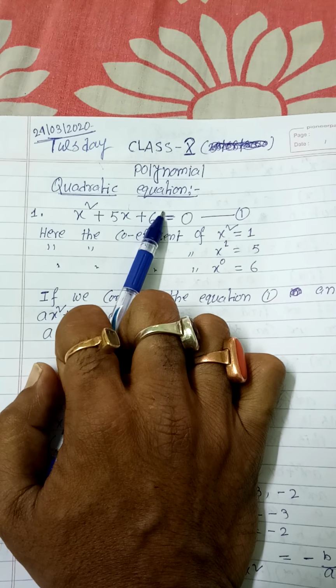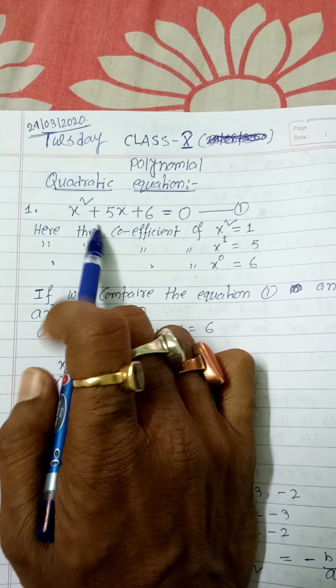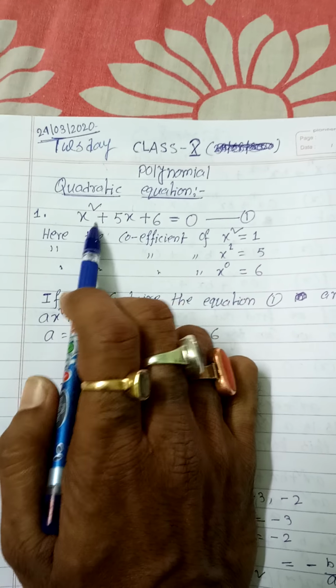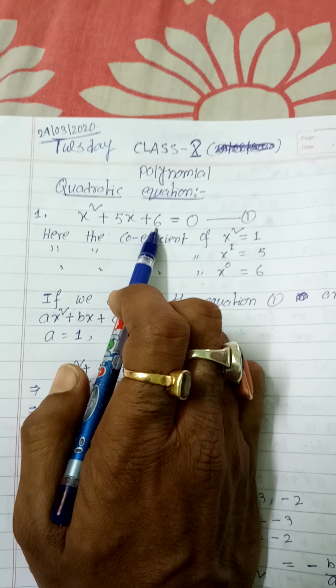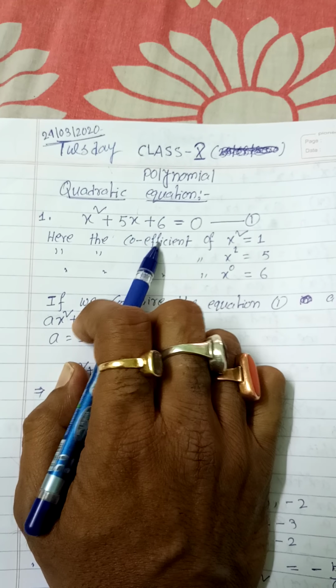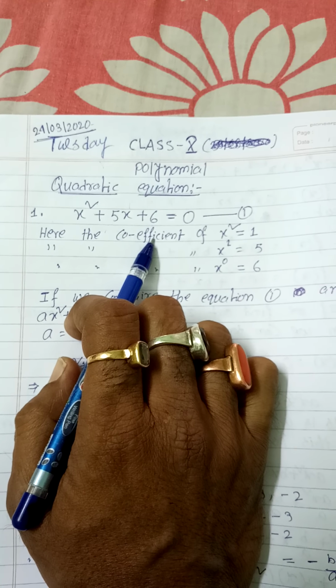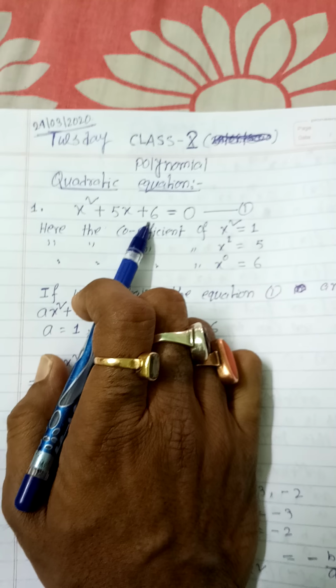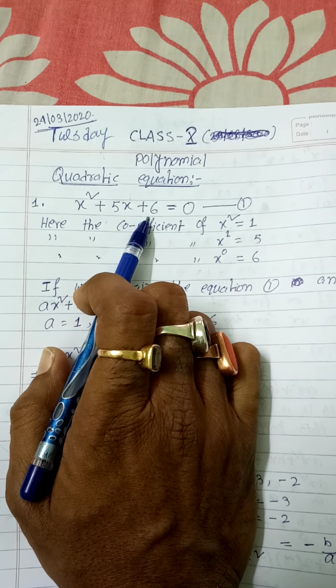But here we discuss a quadratic equation, which is related to polynomials. We already discussed how we find the zeros of a polynomial, and what Sridhar Acharya's formula, the general form, is.